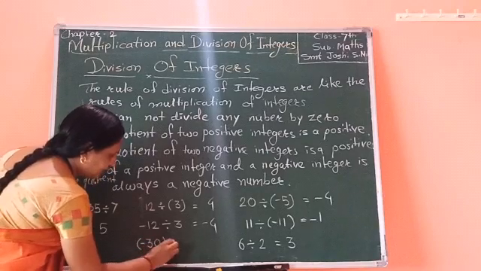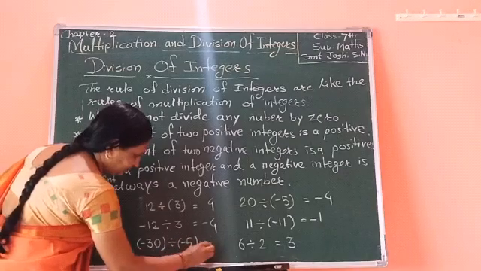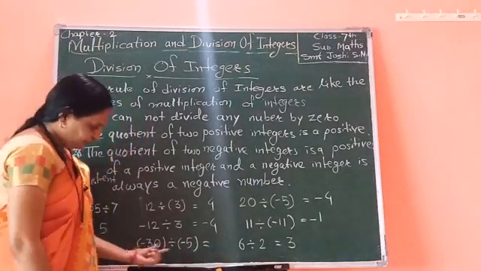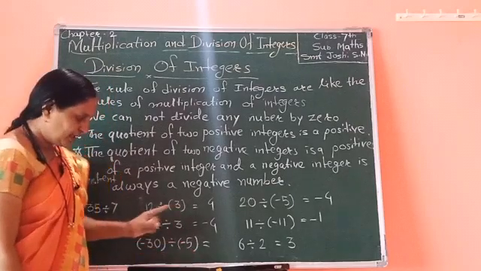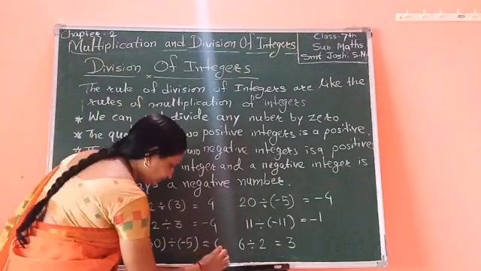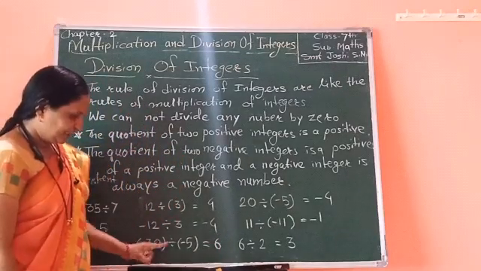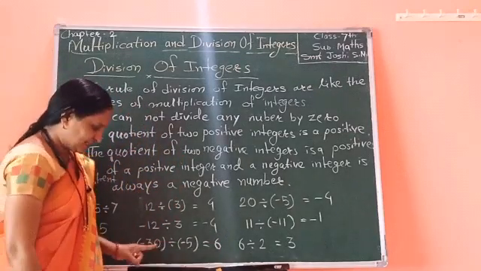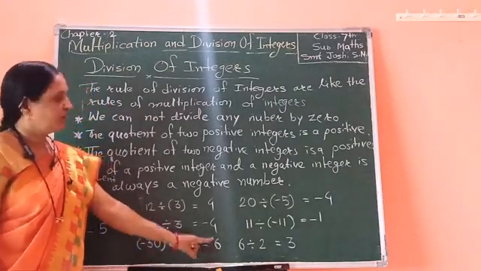Minus 30 divided by minus 5. Here two numbers are negative, then the quotient is positive. 30 divided by 5, 5 6s are 30. The answer is 6.